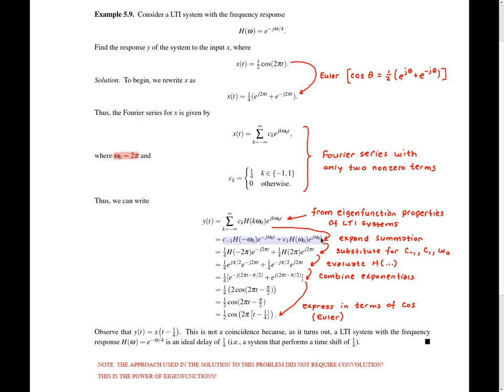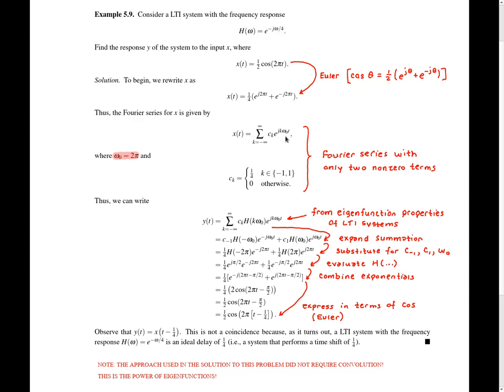And then we can substitute the values of c of -1, c of 1, and omega naught, which gives us this next line here. And then we need to evaluate the function H. H is being evaluated at the point -2 pi and also at the point 2 pi. And we can do this very easily by using the formula that's given for capital H up above here.